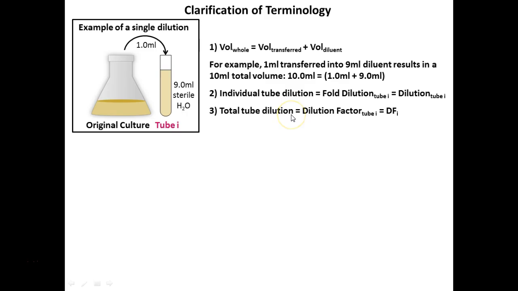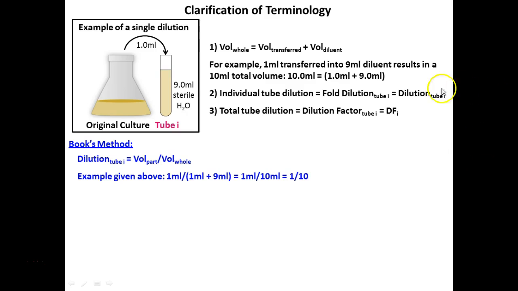Then we need to know the total tube dilution, because once we do more than one tube, we have to take into account all the tubes after that. So we refer to that as total tube dilution or dilution factor. So sometimes you're like, oh, what are we talking about, right? So these are some terms we're going to have to learn and try and use, and have a working understanding of them.